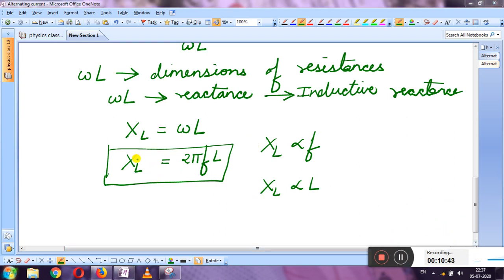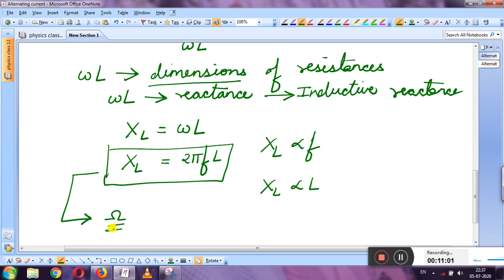Now if we discuss the unit of XL, as we studied, XL is inductive reactance and it has the dimensions of resistance. So we can say that its SI unit will be ohm, the same as that of resistance, with the same dimensional formula.